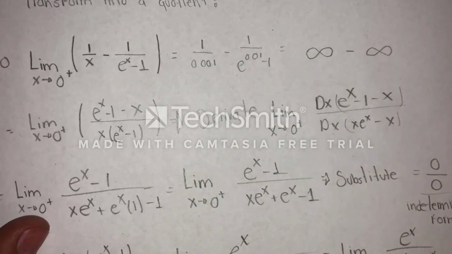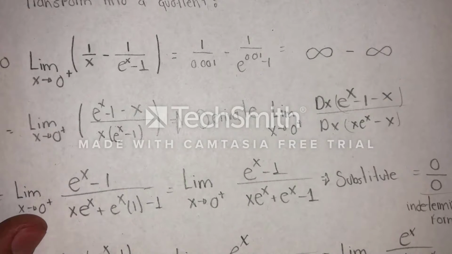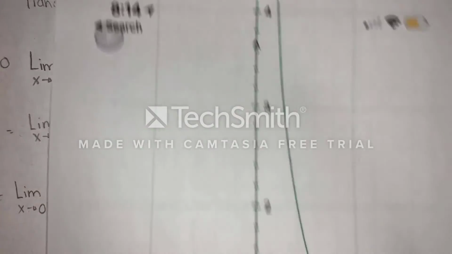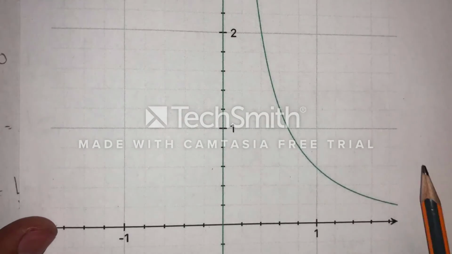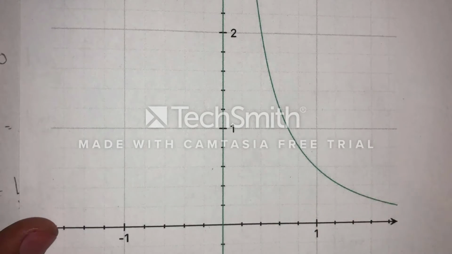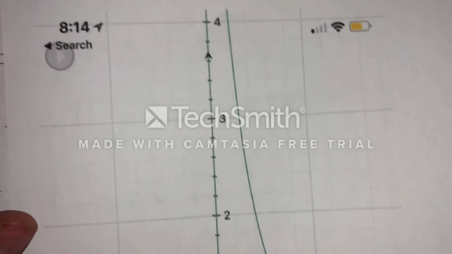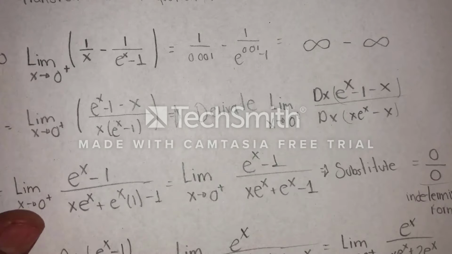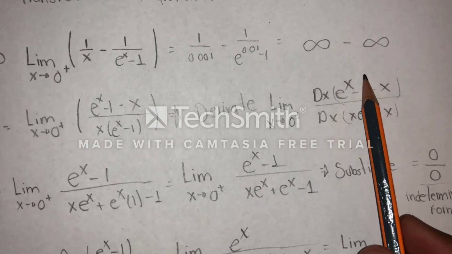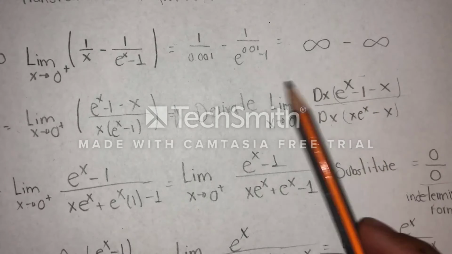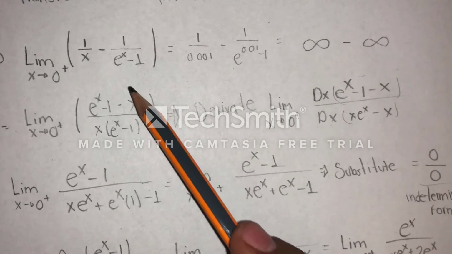And on the other side, the graph of 1 over e to the x minus 1 has the same case. When the graph approaches 0 from the right, it goes to infinity. So we get infinity minus infinity. So we have to make an appropriate quotient for this difference.